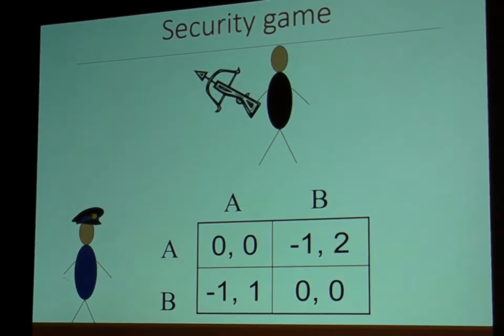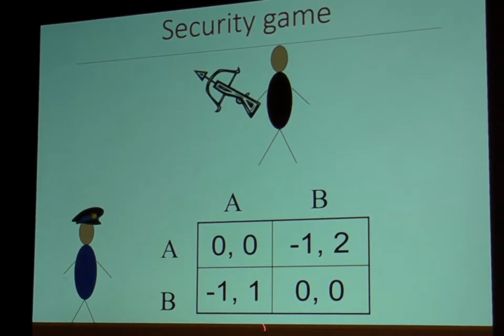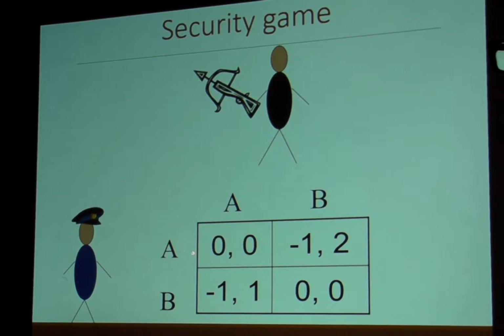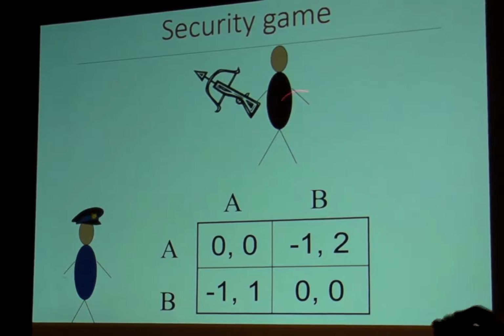So there is no best way to protect only one terminal deterministically. The best we can do is to randomize, to protect this half of the time and this half of the time. Then the attacker doesn't have a best response for what to attack, A or B, but also has to randomize his action, and then we can only gain by this.